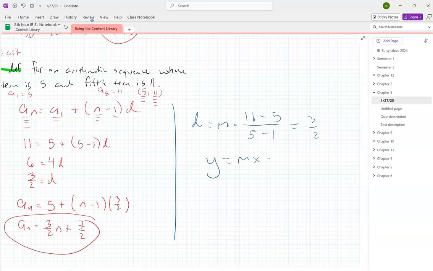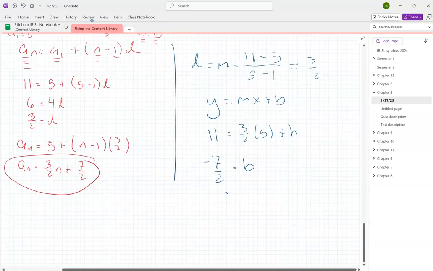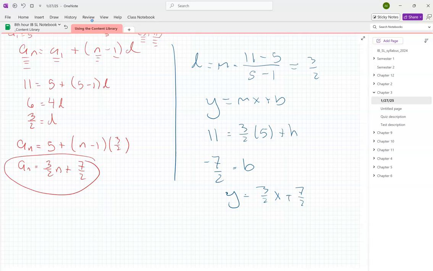And if I do y equals mx plus b, I can say 11 equals 3 over 2 times 5 plus b. And if I solve for b, I'm going to get negative 7 over 2 is b. So I'd have y equals 3 over 2 x, or I should say plus 7 over 2.